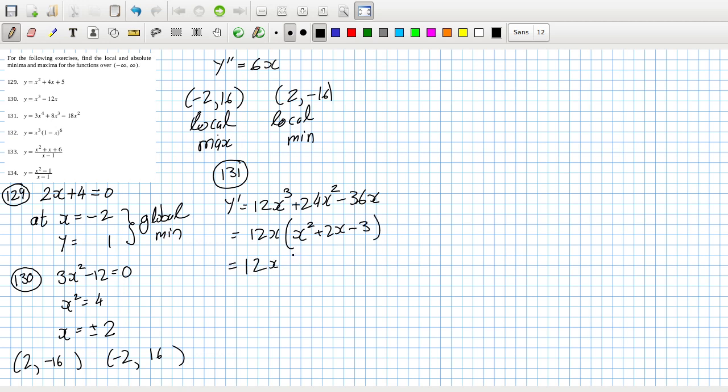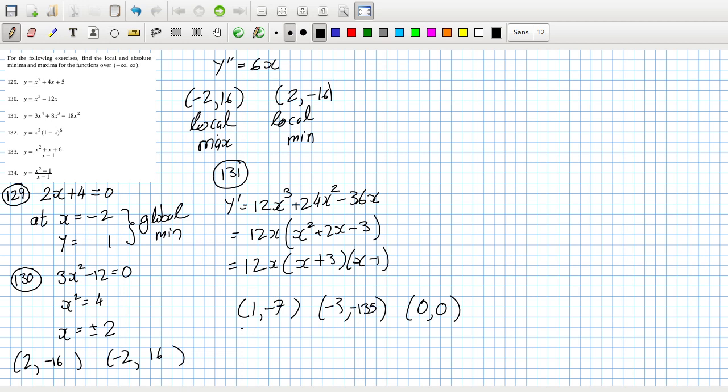It's 12x, x plus 3, x minus 1. So 0 is 0, that's fine. And 1 we can get is 3 plus 8 minus 18, which is minus 7. And then minus 3, let's see what that one is. Ooh, minus 135.